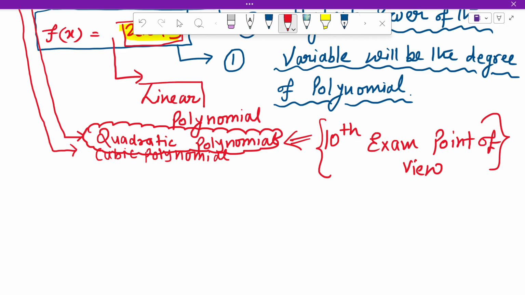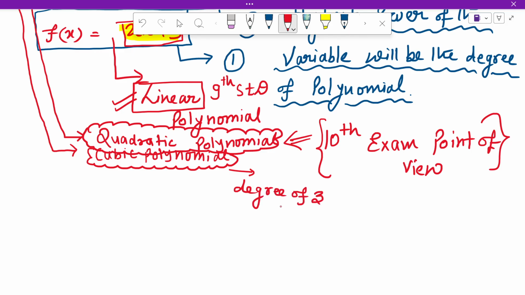Linear polynomials you have already studied in the 9th standard. Quadratic polynomials you are going to study in the 10th standard. For cubic polynomials, you just understand the basic format, that it will have a degree of 3.